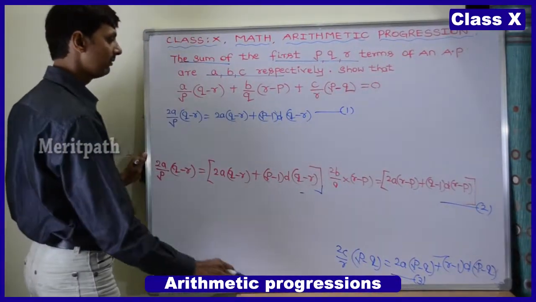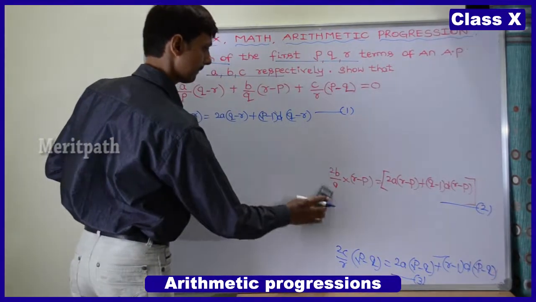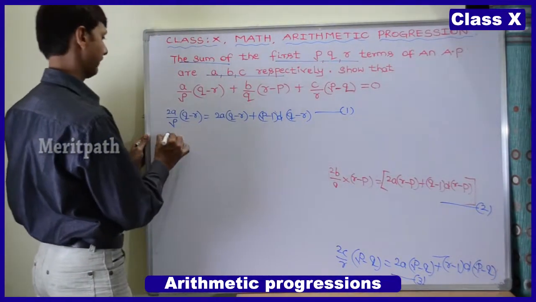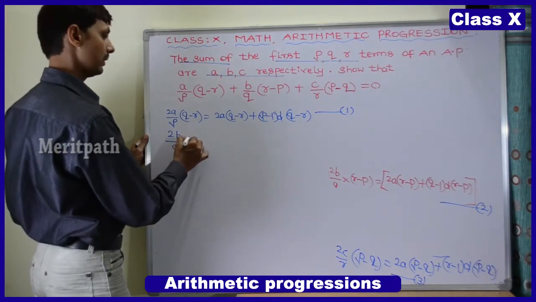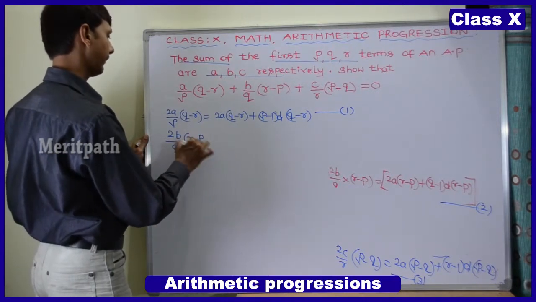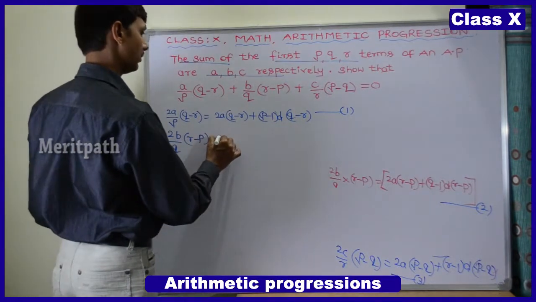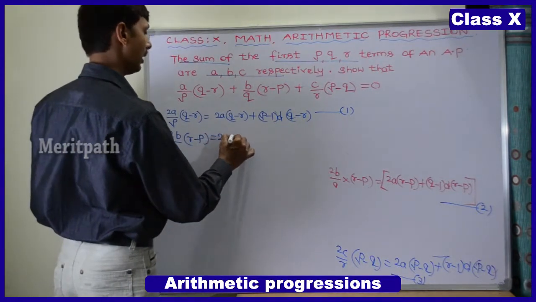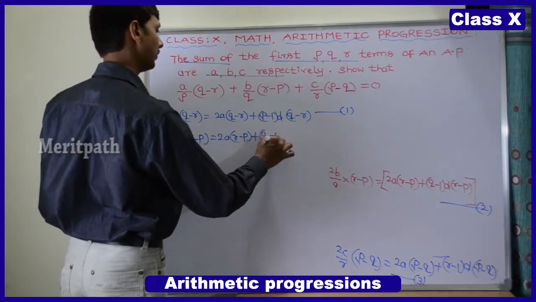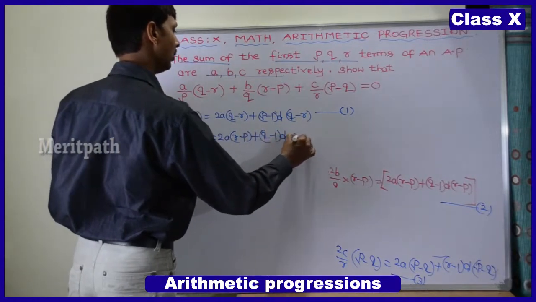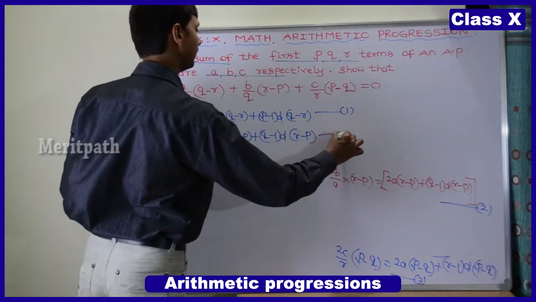The second equation is 2b by q into r minus p equals 2a into r minus p plus q minus 1 into d into r minus p. This is the second equation we got.